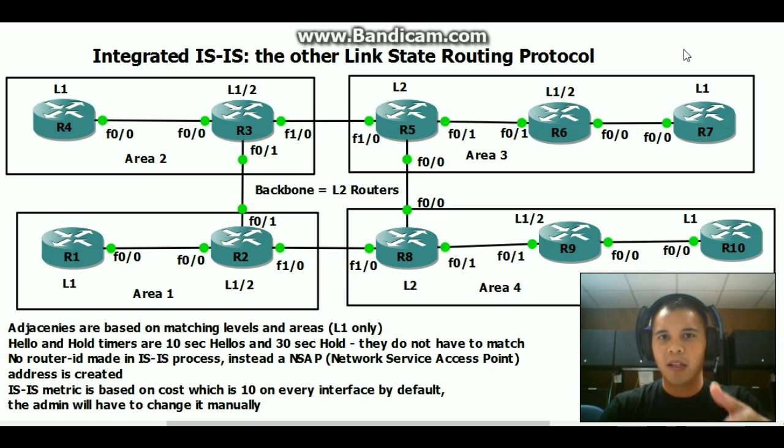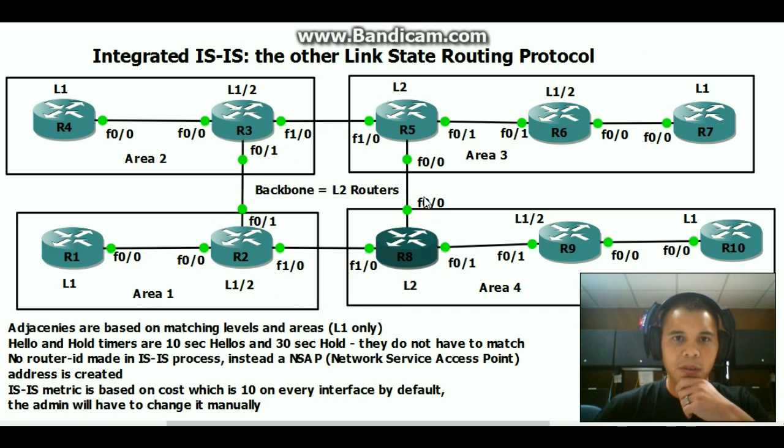ISIS still holds the topology, still holds a database of all the networks, and the backbone now doesn't have to deal with areas. Notice here in my topology, I don't have area 0. The way that the backbone works in ISIS is these level 2 routers. Level 2 holds all the routes to the entire topology.